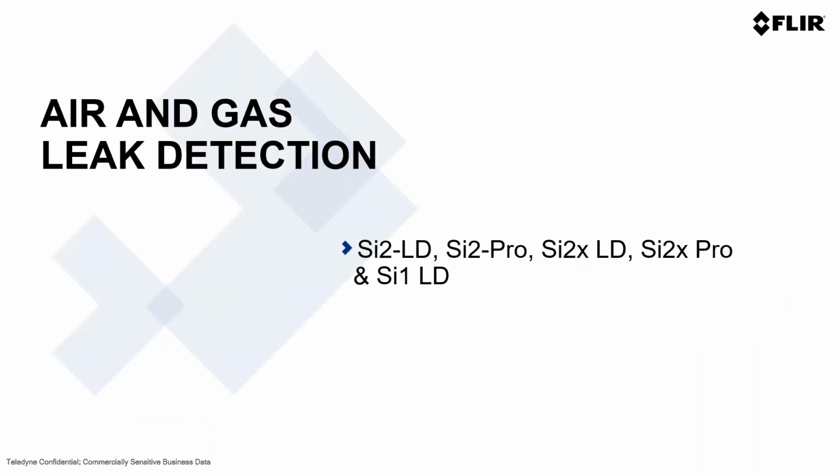And now we are moving to leak detection, where, as a reminder, we have a bunch of cameras that can work for this: SI2LD, SI2 Pro, SI2XLD, SI2X Pro, and SI1LD, with different characteristics, advantages and features.